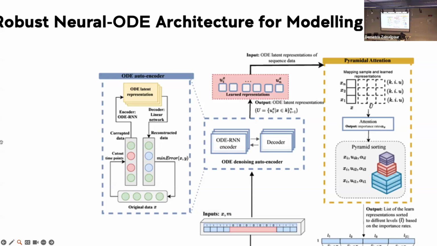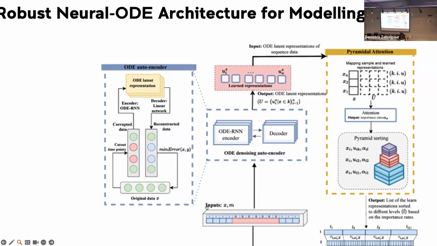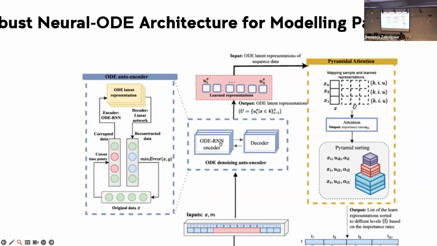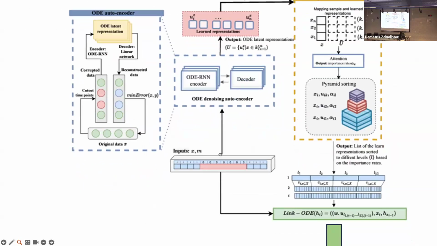Now, remember this data already has some missing information. This one was further corrupted, but then reconstructed. But we already have an ODE latent representation for each of the input series. Now, let's say you have 5 different sensors, and you have the latent ODE representation for each.